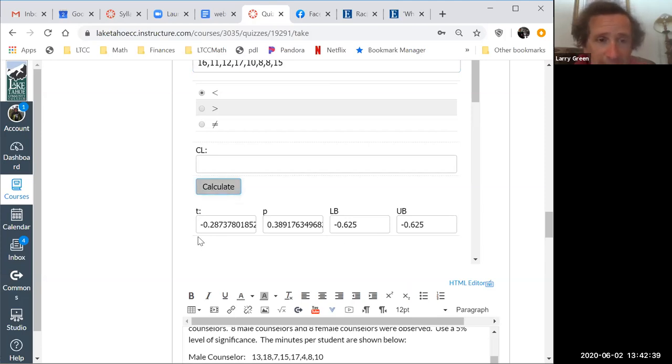And what we have now is we have a test statistic T is negative 0.287, or how about negative 0.29? And our p-value equals 0.39.